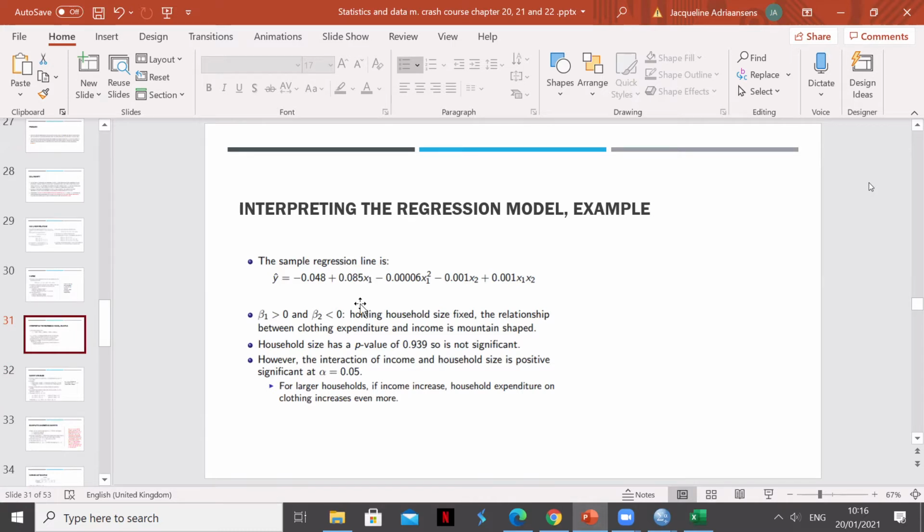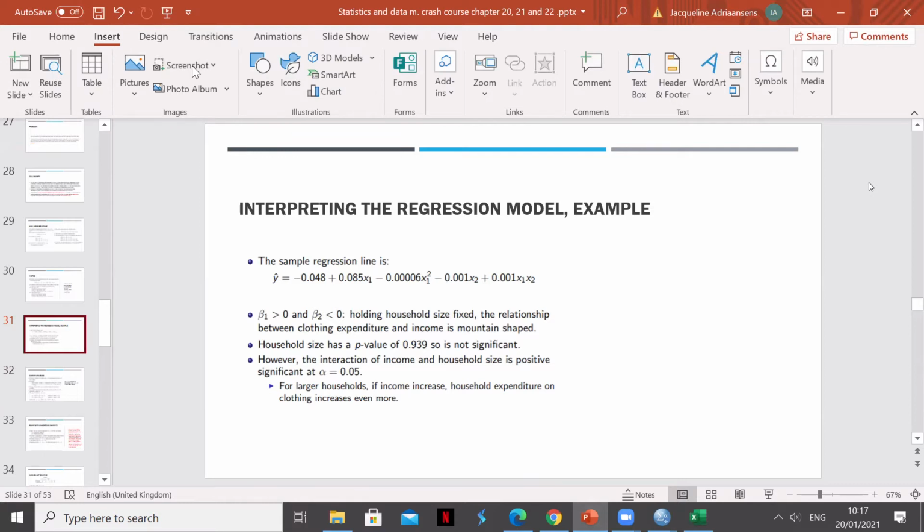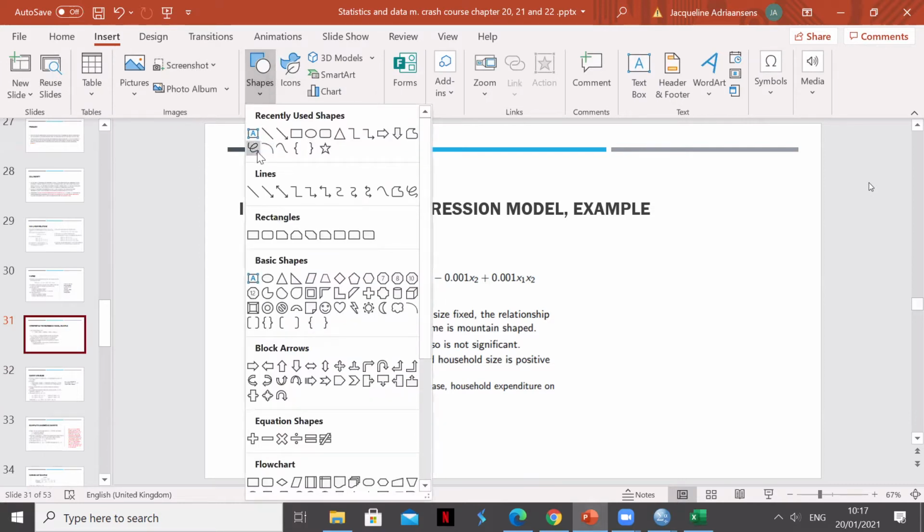And this means that if x1 goes up a bit, it will be positive. But if it goes up quite a lot, because this is negative, but only small, then eventually this becomes big, and then it will go down. So what you'll see is you'll get this sort of mountain shape.